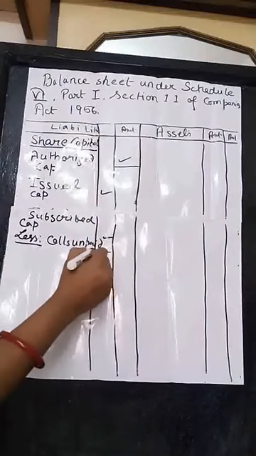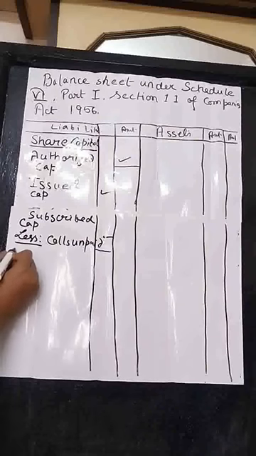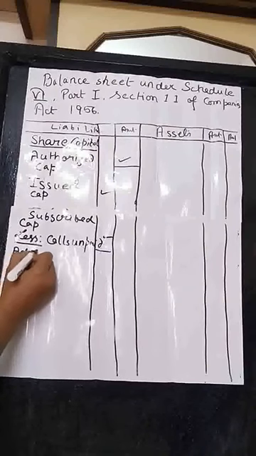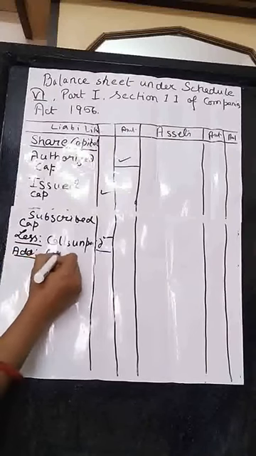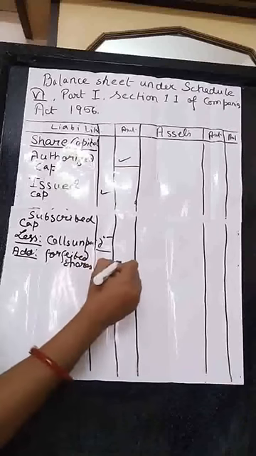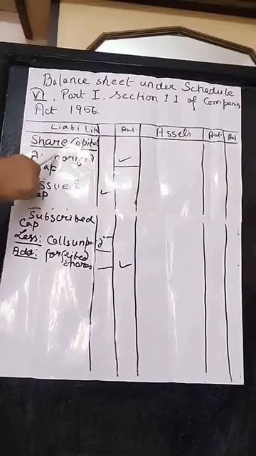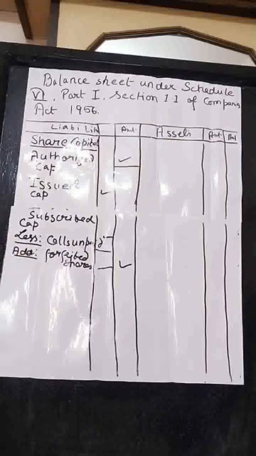Or if forfeited shares are given to you in the sum, then you will add the forfeited shares, and the final amount you will write in the outer column of the liability side. So this is the first heading, and under the first heading, share capital, these are the items to be included. Please note these items.